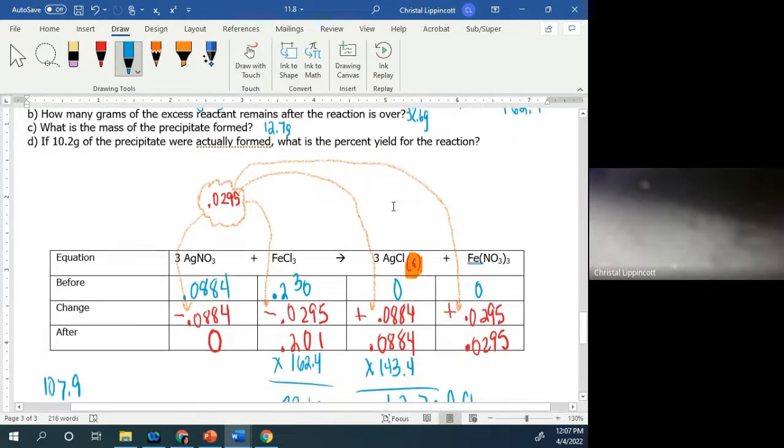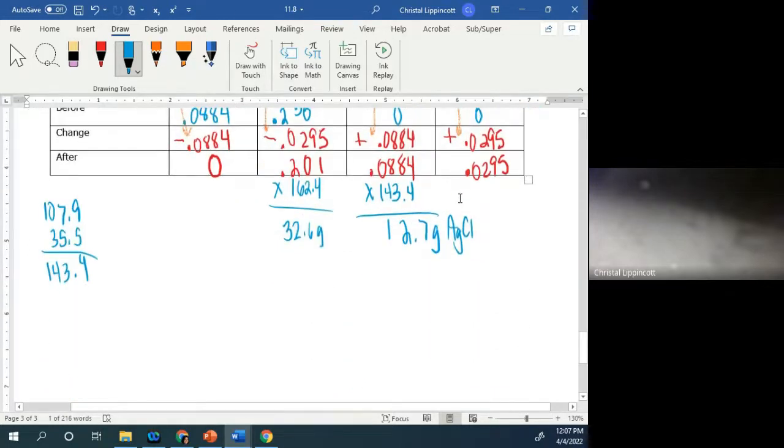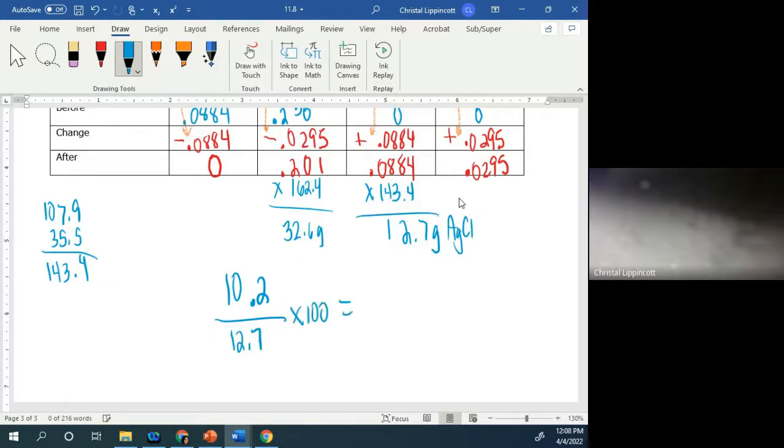All right. Now, last part of this is the percent yield. We actually made this much. We made 10.2 grams. We were supposed to have made this much, 12.7. We're going to divide what we actually made by what we should have made, and then multiply by 100.